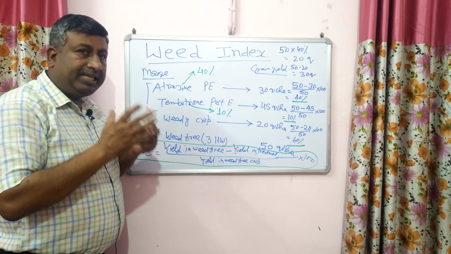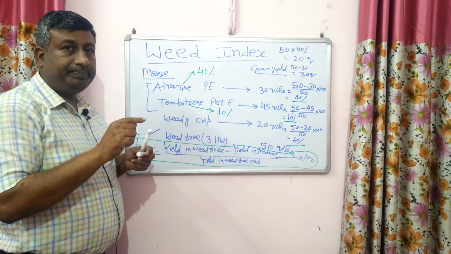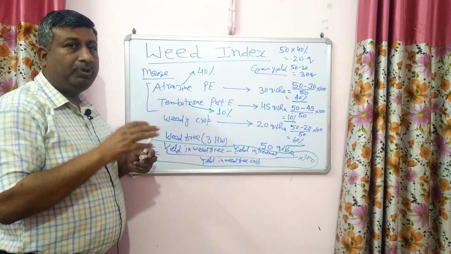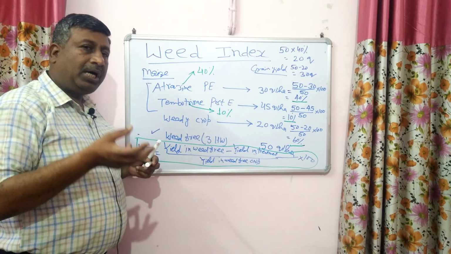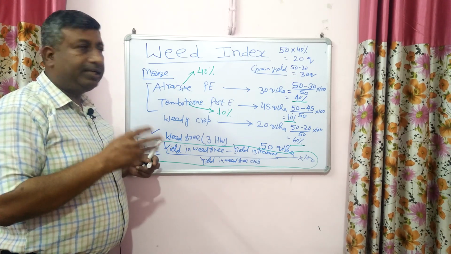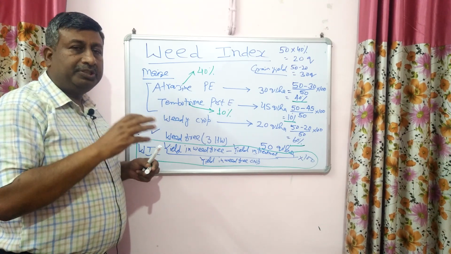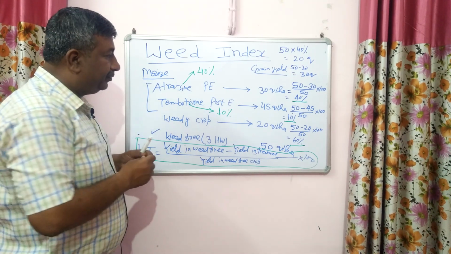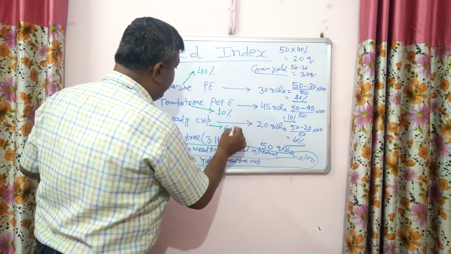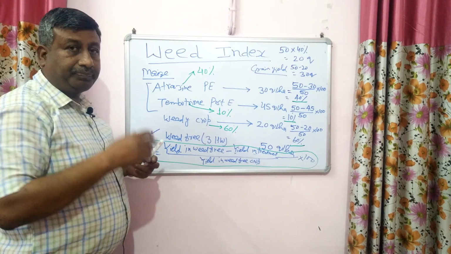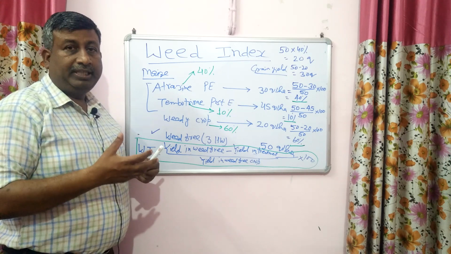Whatever yield we get in weed free crop, that percent of it is reduced in tembotrione. And 40% reduction occurs in atrazine. In weedy crop it is 60%. It means weedy crop causes 60% reduction in yield.